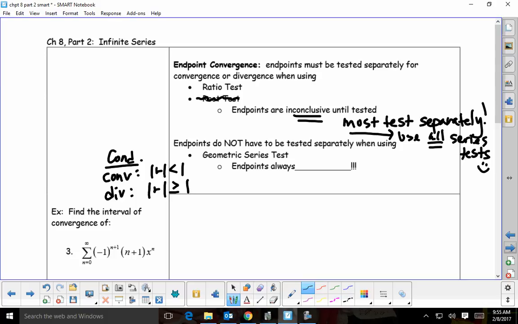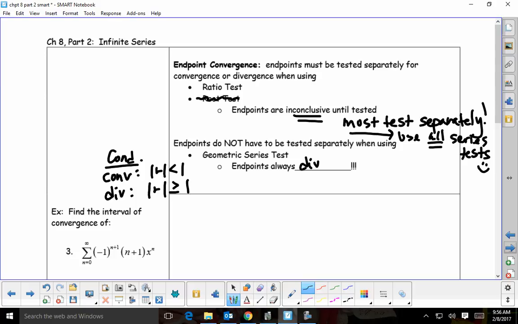So do I know what's going to happen at these endpoints? They diverge. Because there's no ambiguity in the geometric. We know converge, diverge. But in ratio, there's ambiguity when it equals 1.